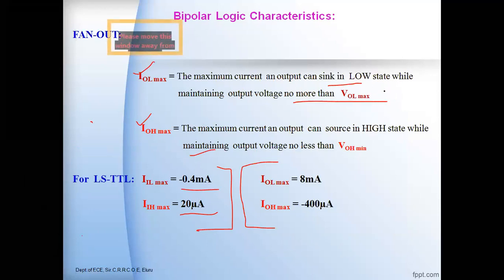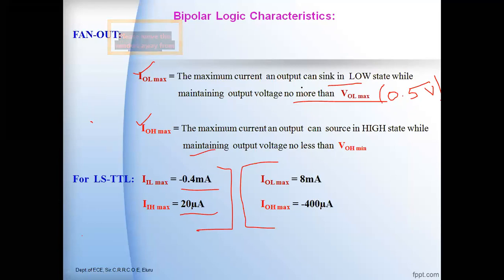What is the VOL maximum voltage in a TTL gate? The maximum is 0.5 volt. The IOL maximum current should not affect the 0.5 volt here. The voltage must be 0.5 volt and the current is the maximum rated current.